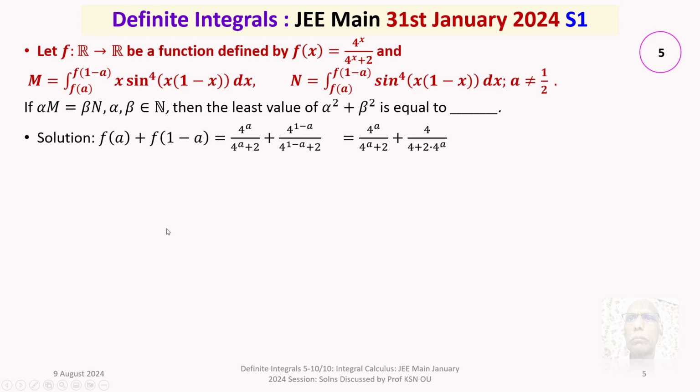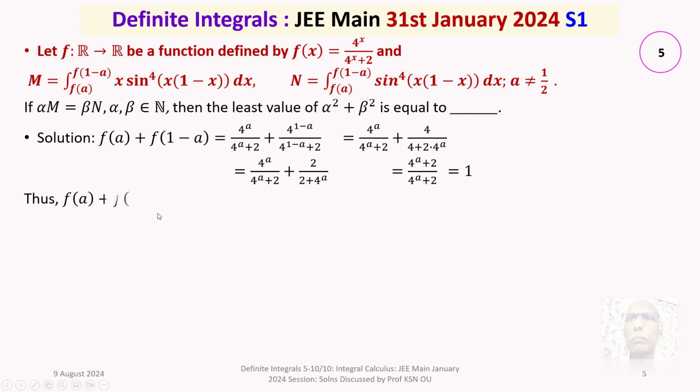Then you get the same integral. So that's the King's property. For that, f of a is here, f of 1 minus a is here, and simplified, we get that f of a plus f of 1 minus a is equal to 1.